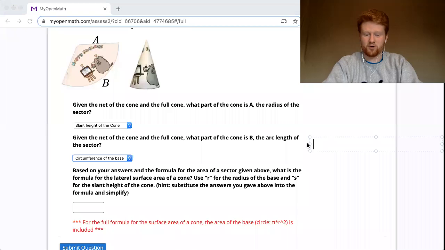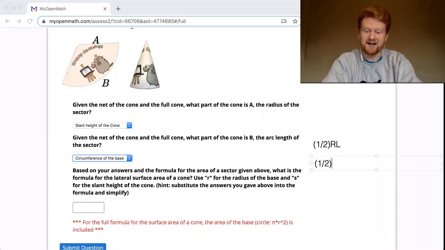So, like I said before, the formula for the area of a sector is 1/2 RL, where R is the radius of the sector, and L is the arc length of the sector. All we need to do is substitute in the information we just found and then simplify. So we're going to keep that 1/2, and what was R? R was the slant height of the cone.